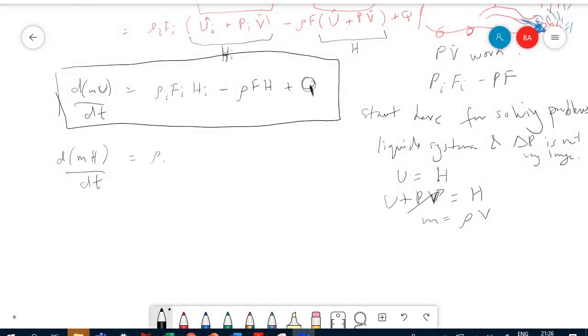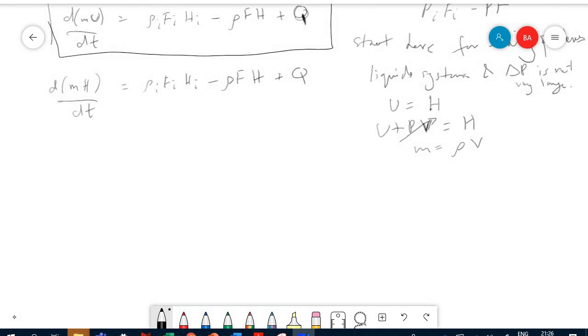We say that this is equal to rho I fi hi minus rho fh plus q, and then we are going to say that density is constant, and we are going to have the volume with the enthalpy term, sorry, not height, the enthalpy term, equal to rho I fi hi minus rho fh plus q.